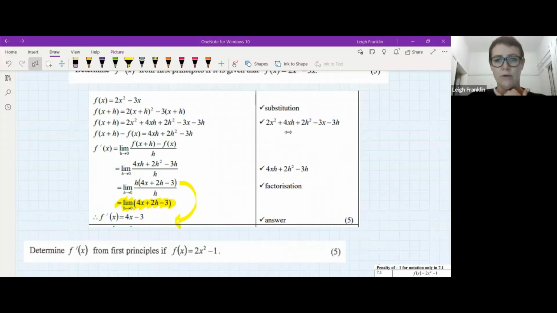Good, lovely. Okay. Do you think we need to do another one or can we move on? You can pop it into the chat. So another one or move on.